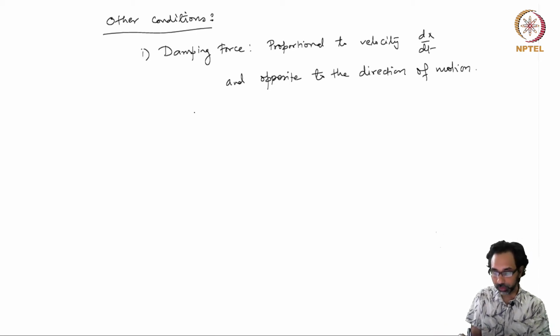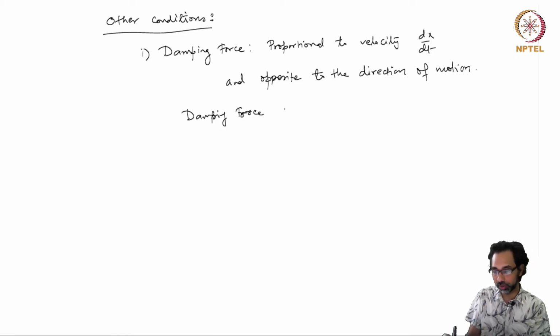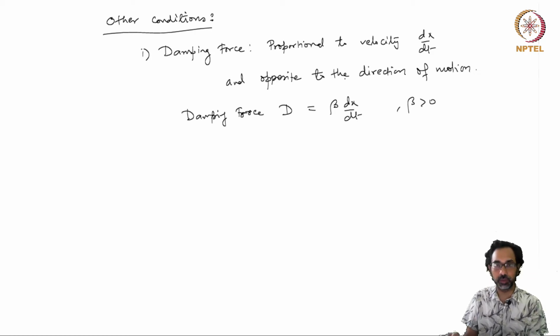So the damping force, let me write D, is given by beta dx by dt. Here beta is a positive constant, which is the constant of proportionality when you consider the force as proportional to the velocity dx by dt.